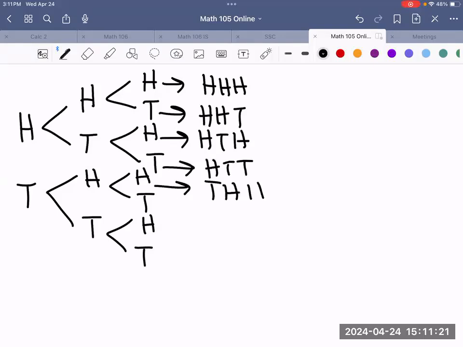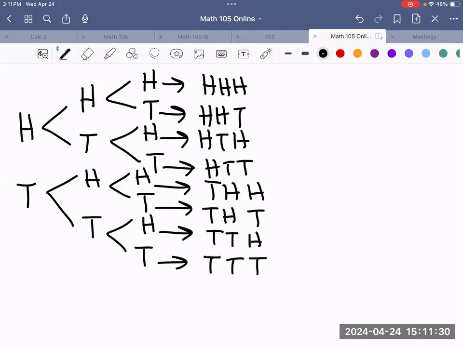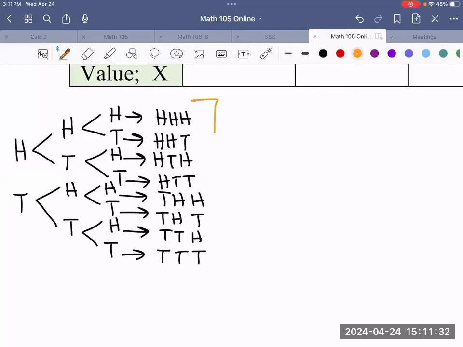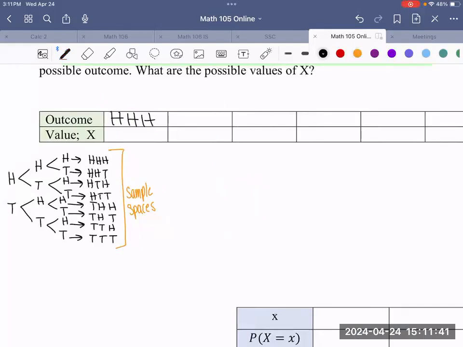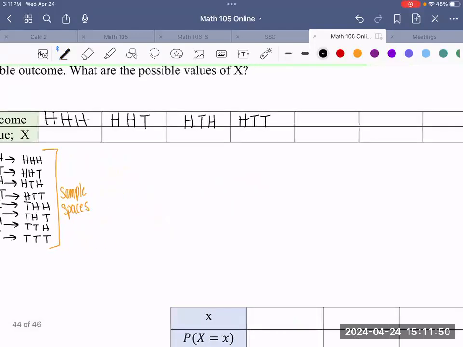All of these different options. Okay, so all of these are your sample spaces. All these different outcomes. So we have heads, heads, heads, heads, heads, tails, and we're just going to continue down the line, getting all of these onto the page.